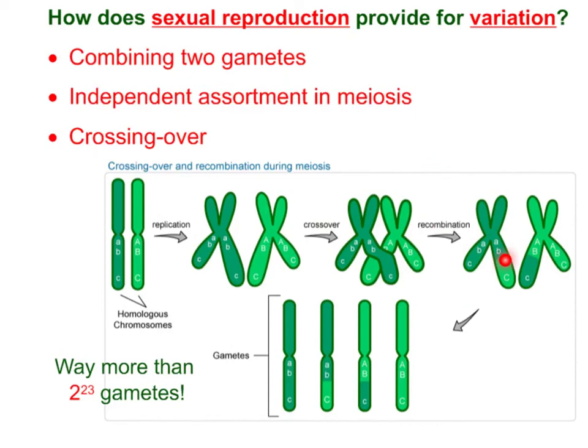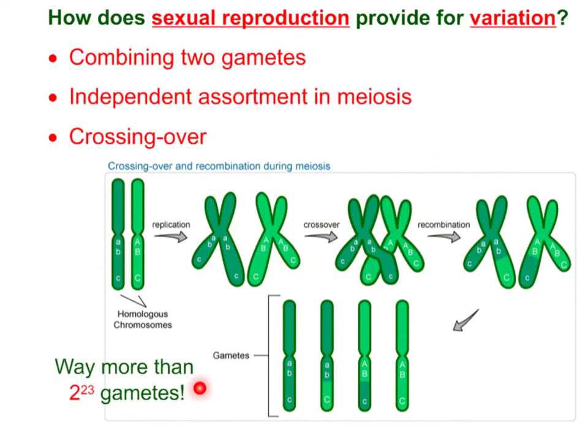It's like a little shuffling of genetic information when they're in the tetrads, so that when you get your gametes, you have way more than just 2 to the 23rd gametes that are possible. It is many, many, many, many times more than that.